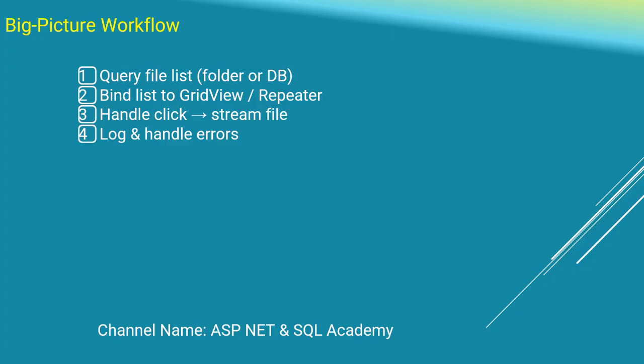If you don't store metadata in a database, you can enumerate files directly from the uploads folder using DirectoryInfo.GetFiles. Each FileInfo object gives you the name, length, extension, and timestamps.